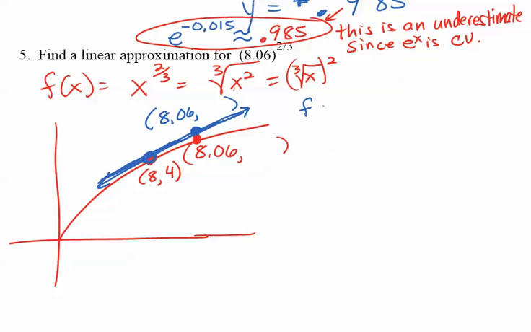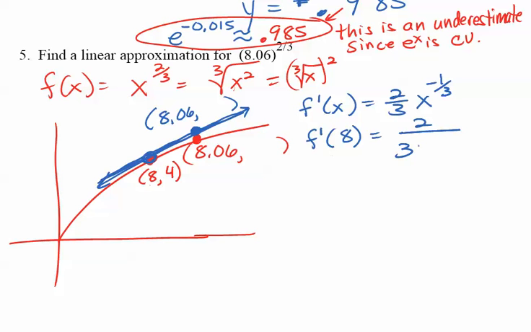So I know f prime of x by the power rule is 2/3 x to the negative 1/3. And I want to find that at our easy point of 8. So this is really 2/3 cube root of 8. So we would come up with 2/3 times 2. So we'd come up with 1/3 as our slope.